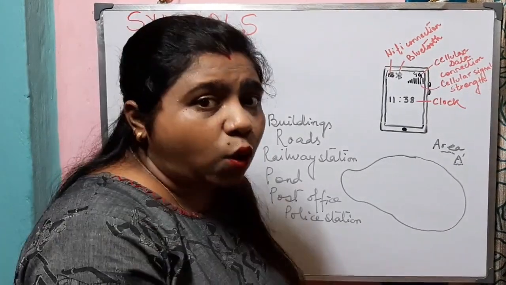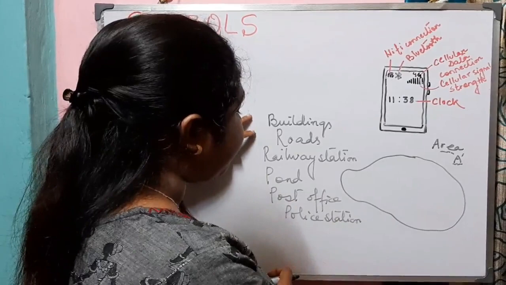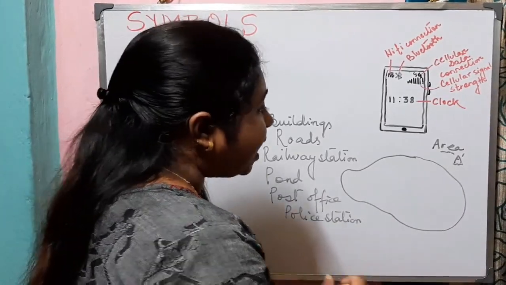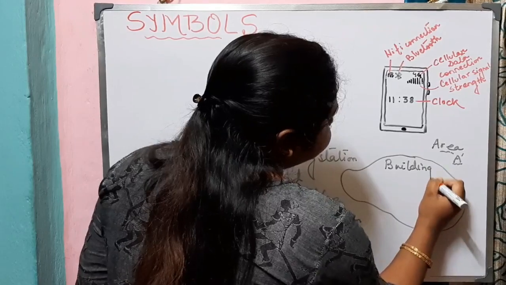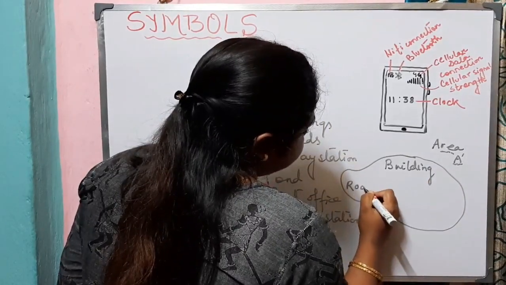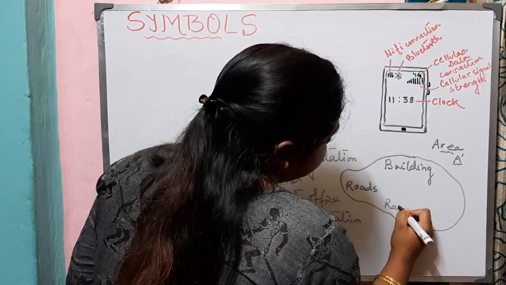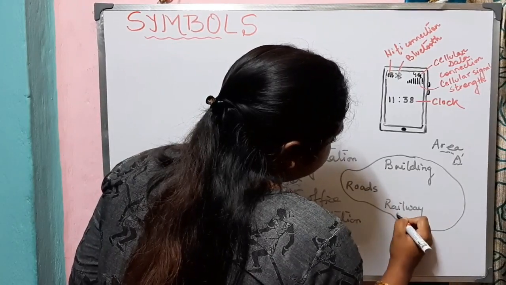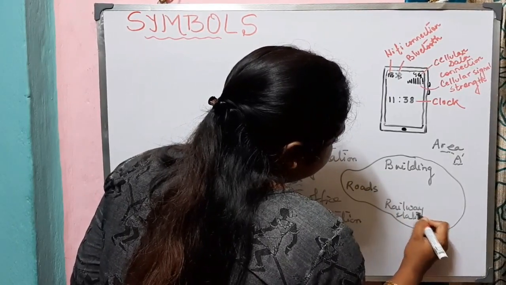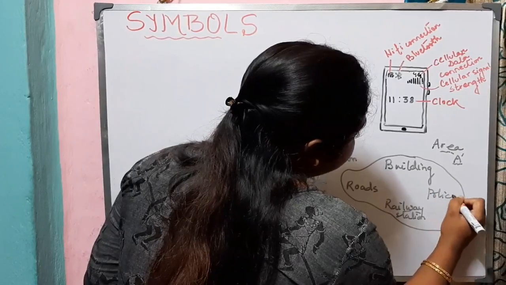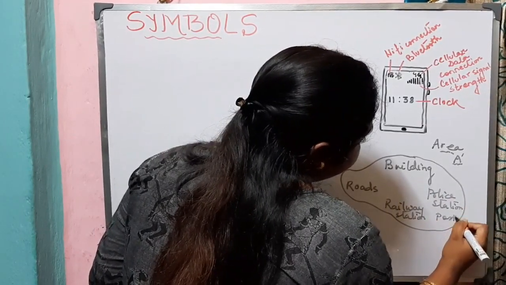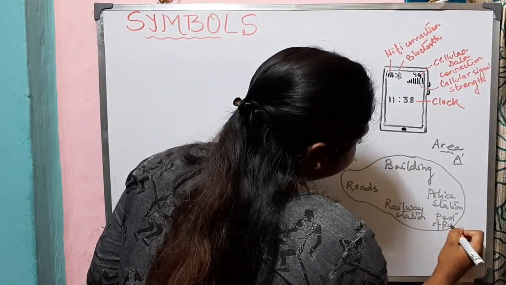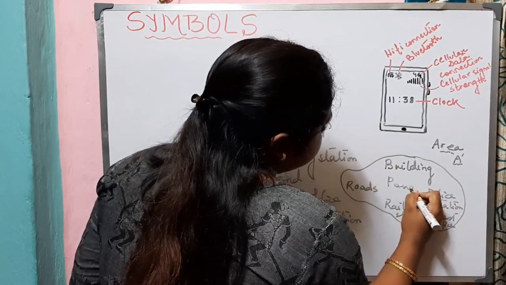Now imagine that, okay, we cannot show the actual shape and size of these features, but we can write in text that here is a building, here we have the roads, here is a railway station, here is police station, here is post office, here is pond.